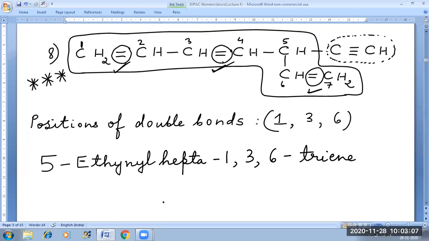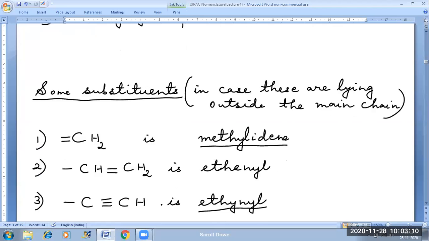Sir, can you show that table? Yes, yes. Yes, sir, please.